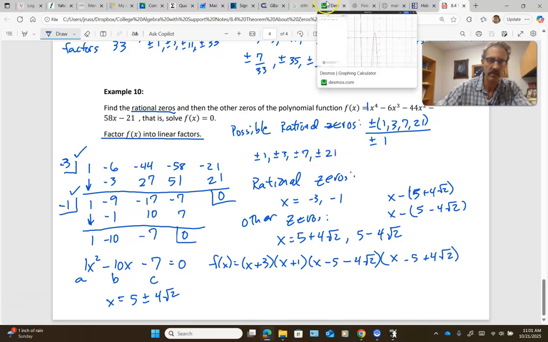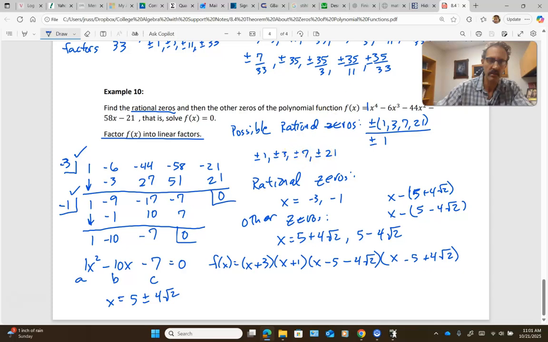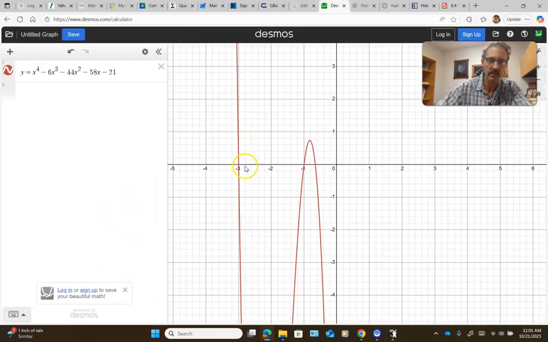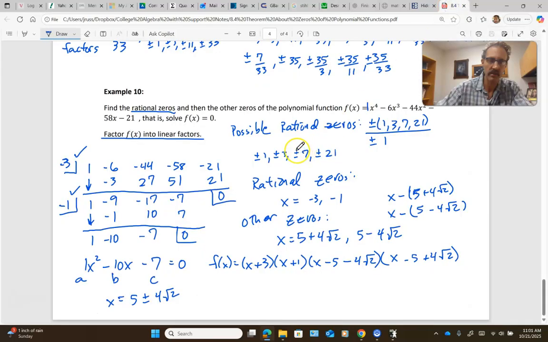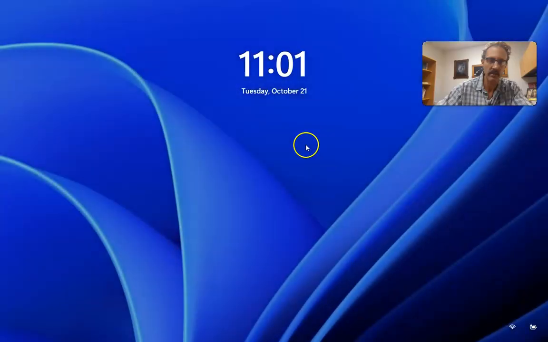Then you might have to know what the actual fractions were before you graph it. Because let's say the function doesn't cross at a nice number, it crosses at a fractional value. Well, to know what value corresponds to that fractional value, you're going to need to know that list of possible rational zeros.